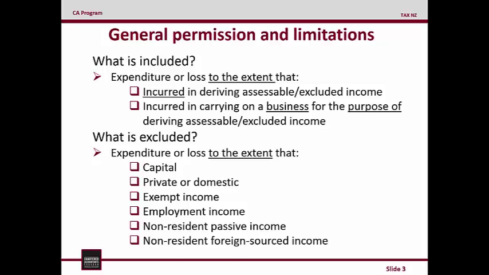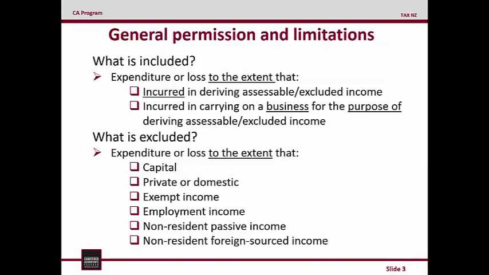The second limitation is that the expenditure is of a private or domestic nature. Payments for housekeepers or general upkeep of a taxpayer's home would fall into this limitation as domestic expenditure. Private expenditure would relate to personal expenditure, such as clothing or healthcare of an individual.